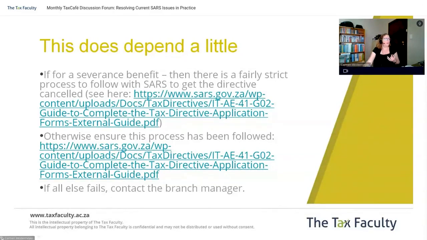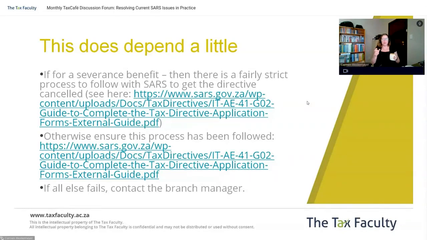Then we have to go and look at this guide, and what it says in there is that effectively you can put through the request for cancellation, but SARS is actually going to have to approve and review the cancellation before they'll issue it, which in part, from what I've understood from varying parties, is because of the cumulative basis for how the retirement and the severance tables work.